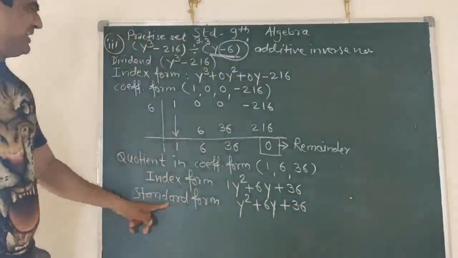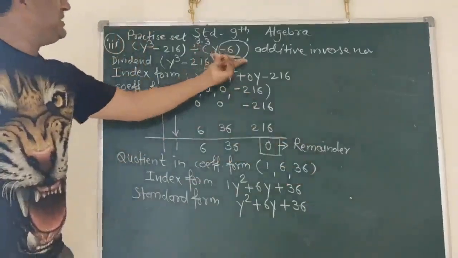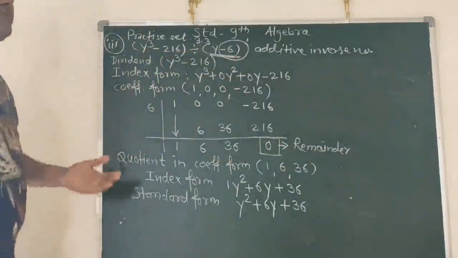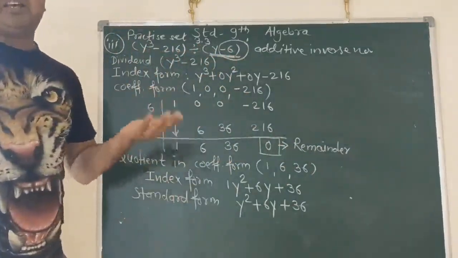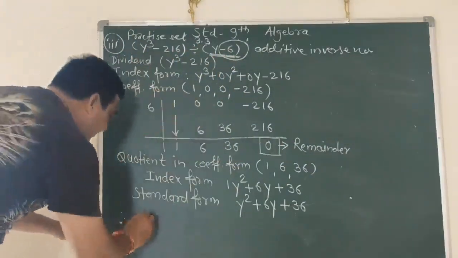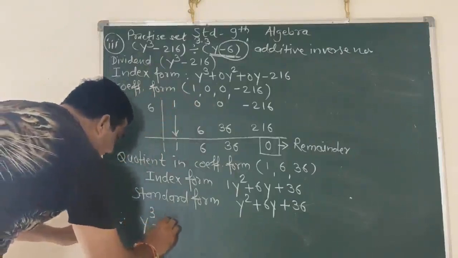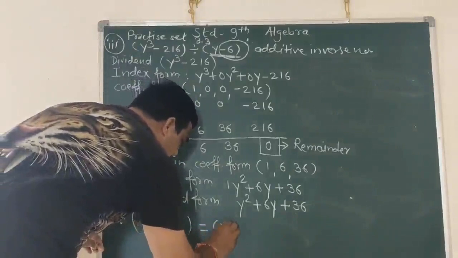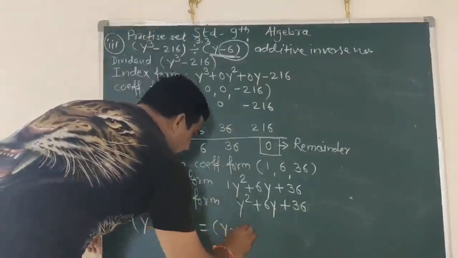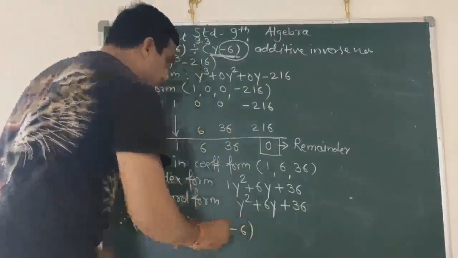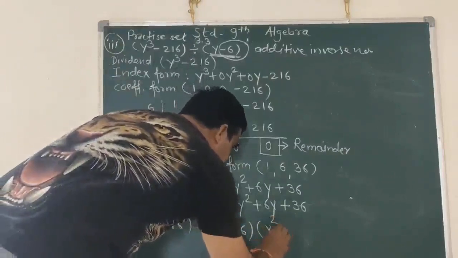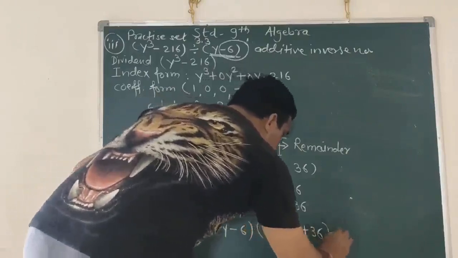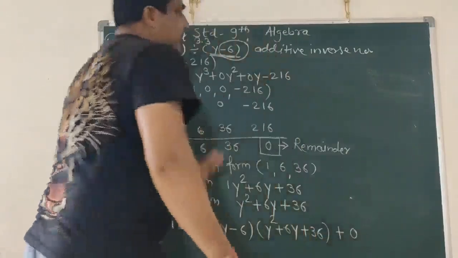That is your quotient, that is your remainder, that is the divisor, that is the dividend. So we can write in this form using the formula dividend equal to divisor into quotient plus remainder. Here y cube minus 216 is equal to the divisor y minus 6 into the quotient y square plus 6y plus 36 plus remainder 0.